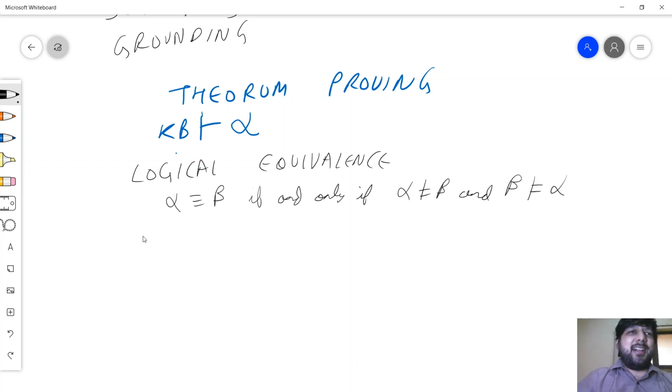There's a harder one, and the harder one is what's called validity. I say alpha is valid if and only if it is satisfied in all the models which are possible as per the current knowledge.